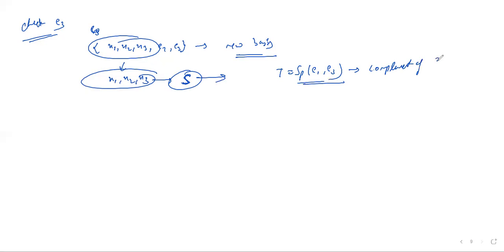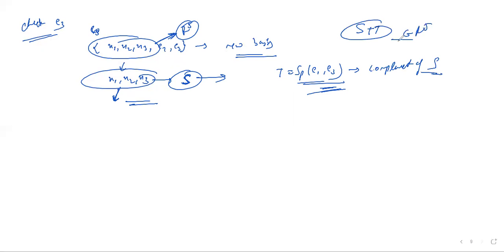The previous basis is S, and the new basis comes with the addition of these two vectors, which is our complement. What is a basis? A basis is the set of vectors which generates the whole vector space R to the power 5. This is a basis of the subspace of R to the power 5, and the complement of this is e1, e3. The sum S plus T is generating R to the power 5.